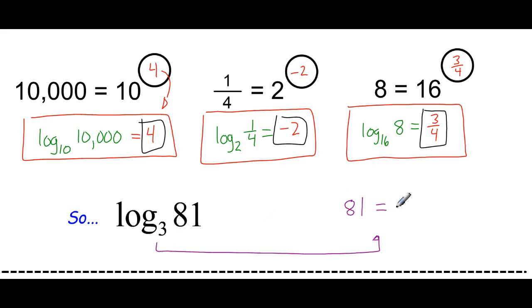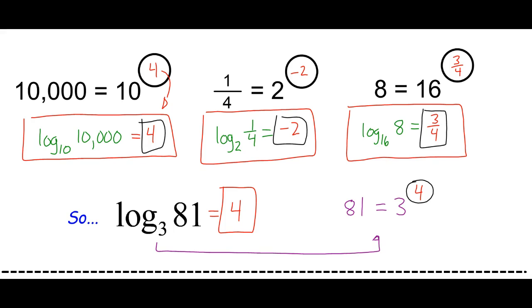The 3, that's the base of the exponent. And then the thing we're trying to figure out is what goes up there. So, just guess and check. 3 to the 2 is only 9. 3 to the 3 is 27. That's getting closer. 3 to the 4 gives you 81. That means log base 3 of 81 is 4.